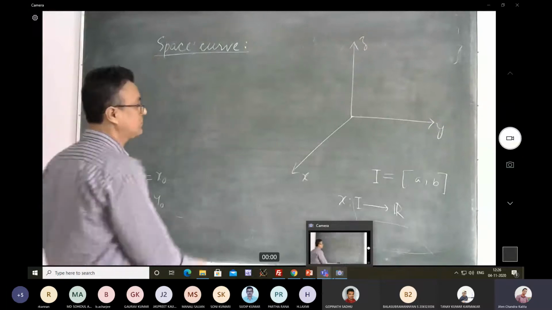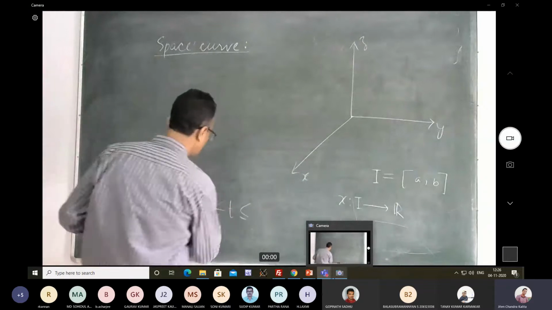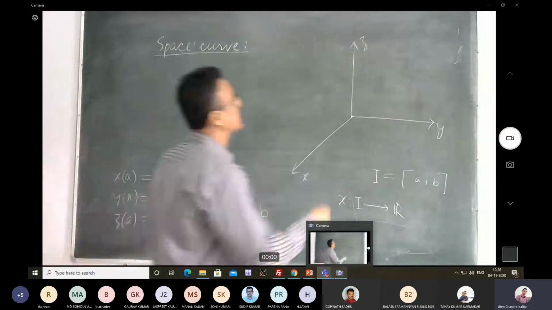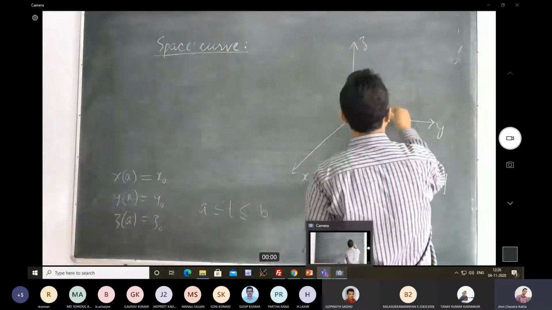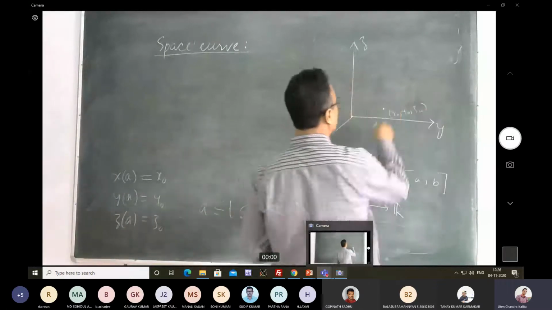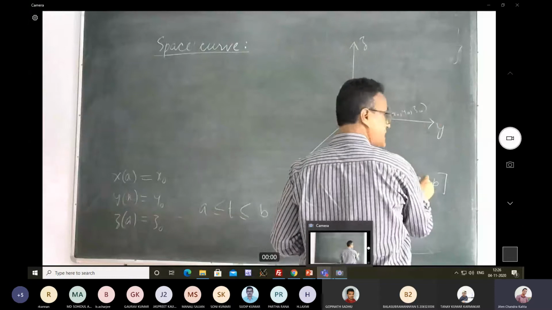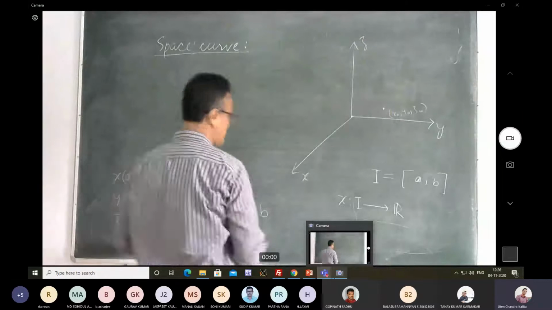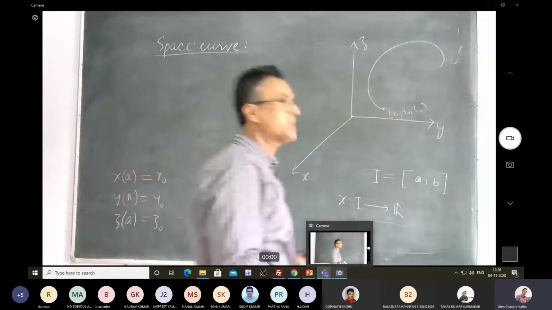And then if I run all my points between a and b, this is nothing but the point (x naught, y naught, z naught), which corresponds to the value a in the interval. So if I run my t through this interval, it is going to generate a curve in space, right?